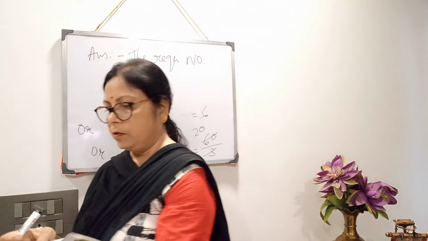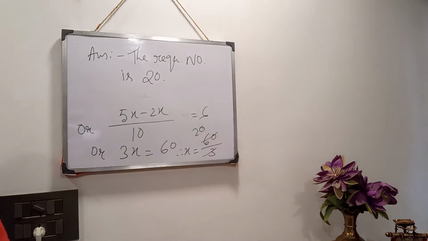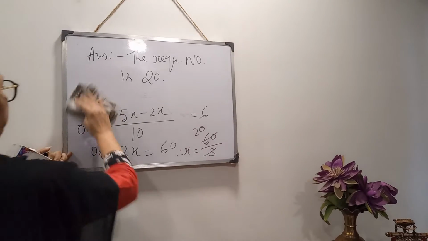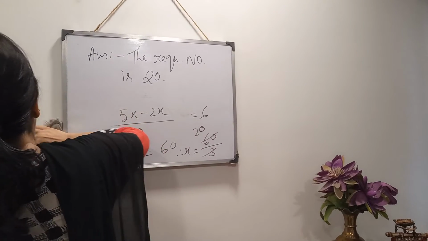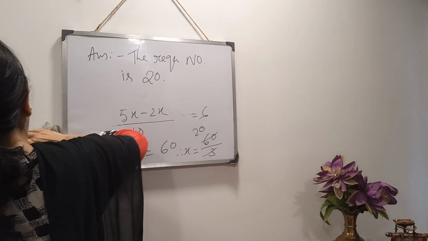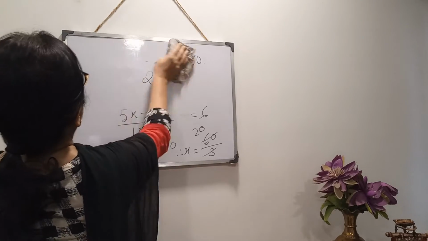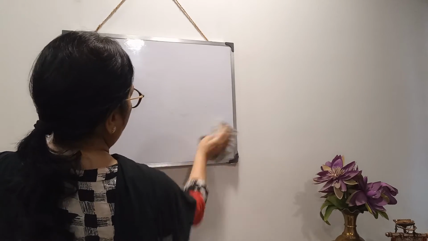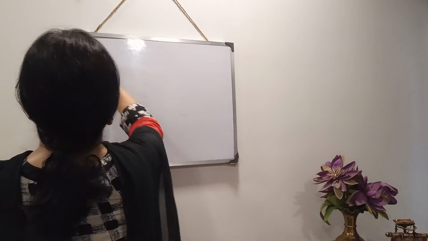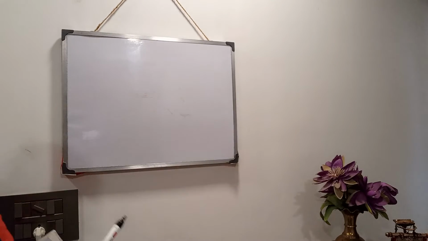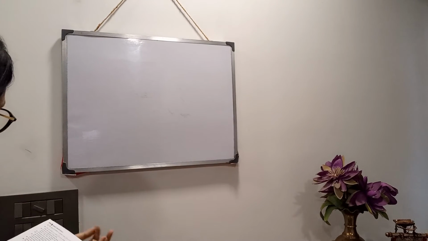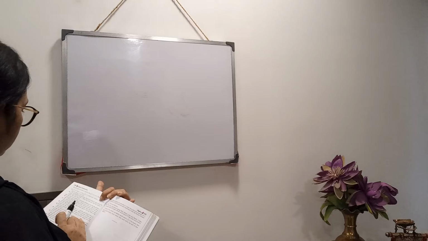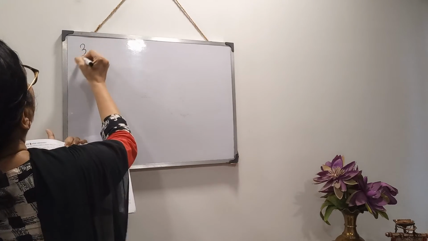Okay. So we will consider, let present age of son be X years. Sum number 36.